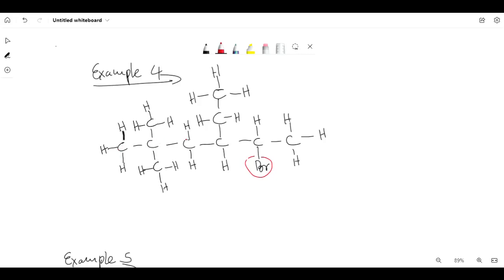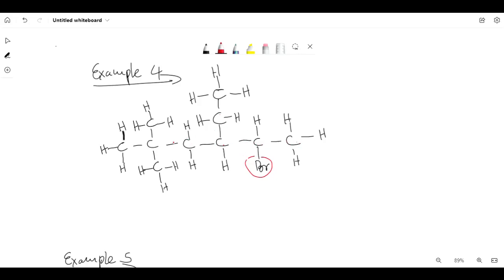So it means I have an ethyl group there. Which direction am I gonna take? If I count from this side, I have 1 2 3 4 5. And if I count from this one, I have 1 2 3 4 5 6.